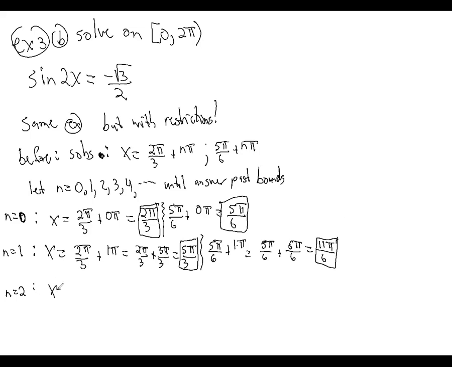So this would be x equals 2 pi over 3 plus 2 times pi, because the n is now 2, which is 2 pi over 3 plus 6 pi over 3 when you get an LCD, which is 8 pi over 3. 2 times 3 is 6, 8's bigger than that, so this is too big.